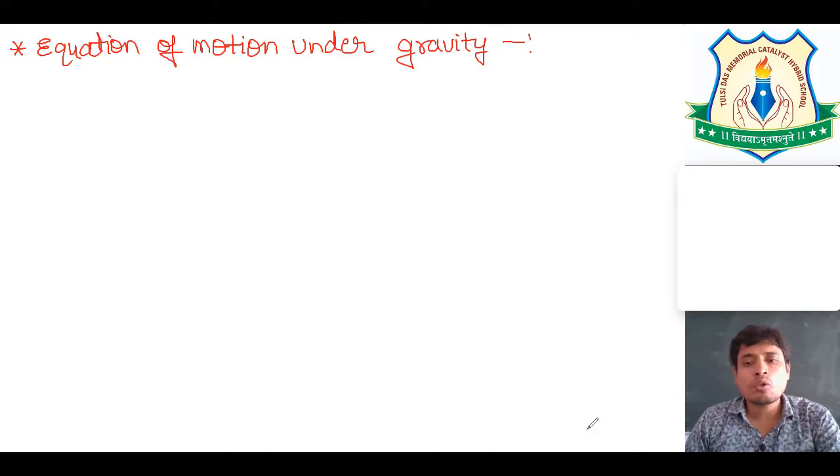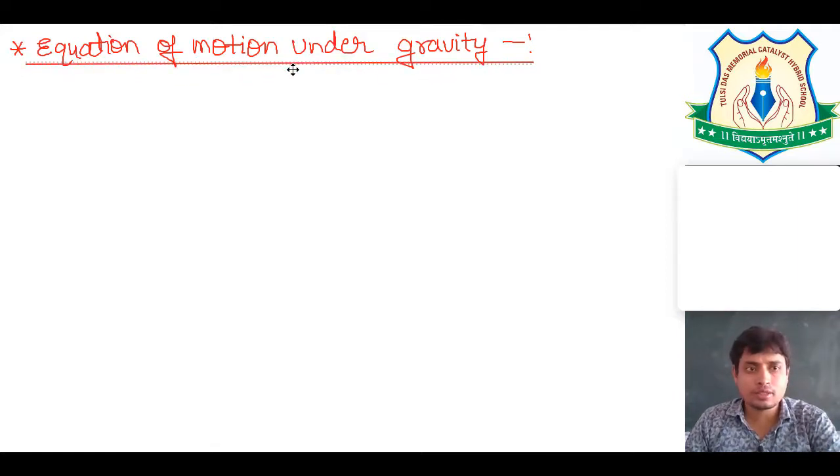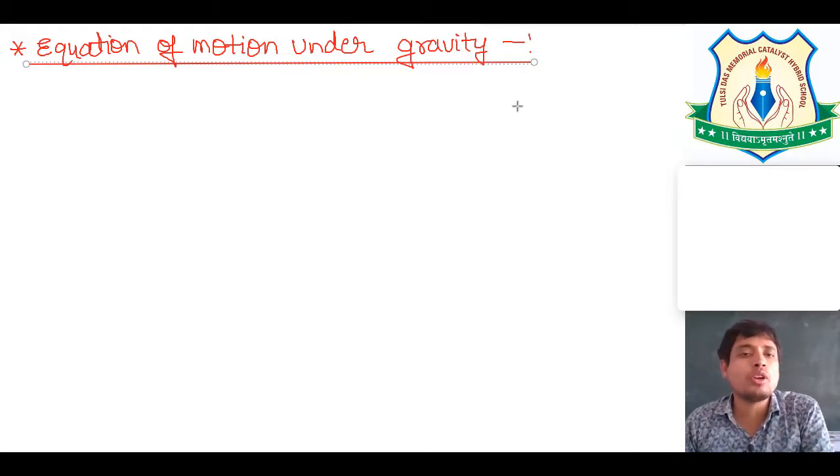What does equation of motion under gravity mean? The equations you have just seen are applicable when a car is moving on the road or something else, like a car or scooter moving on the road, or a boat moving on the sea.